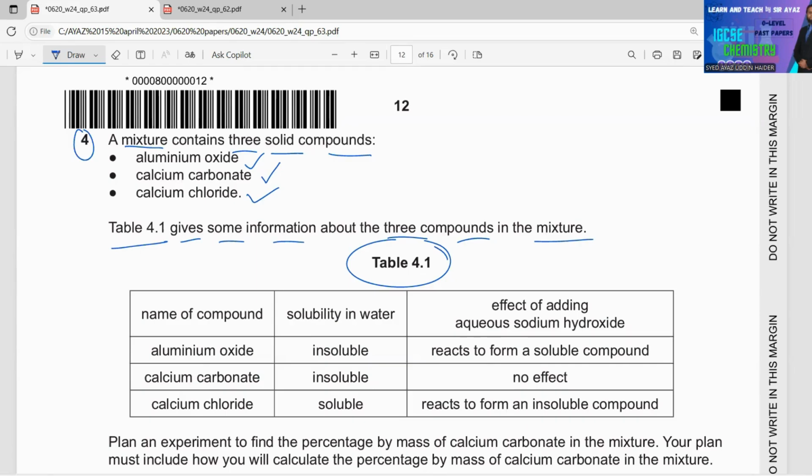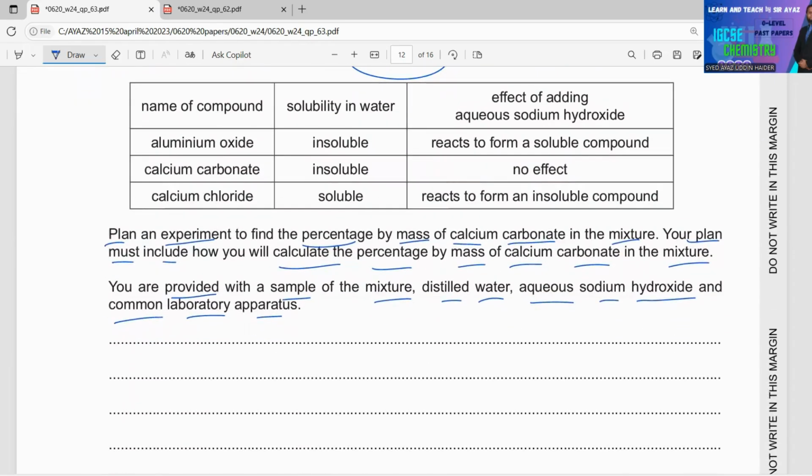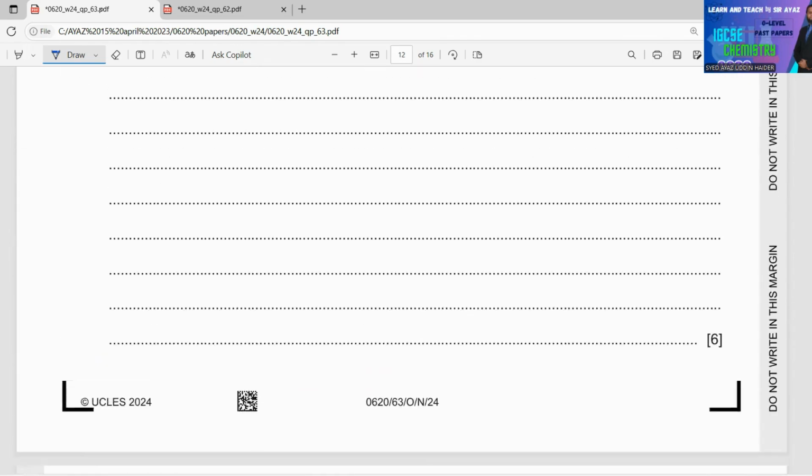Calcium chloride is soluble in water and it reacts with sodium hydroxide to form an insoluble compound. Plan an experiment to find the percentage by mass of calcium carbonate in the mixture. Your plan must include how you will calculate the percentage by mass of calcium carbonate in the mixture. You are provided with a sample of the mixture, distilled water, aqueous sodium hydroxide, and common laboratory apparatus. The total mark for this question is 6.